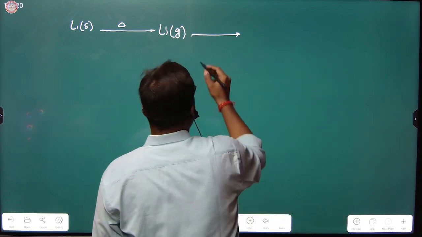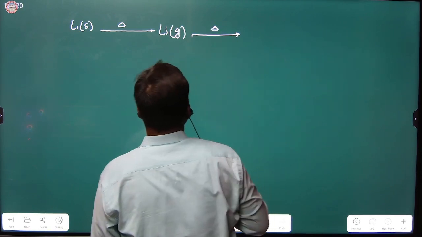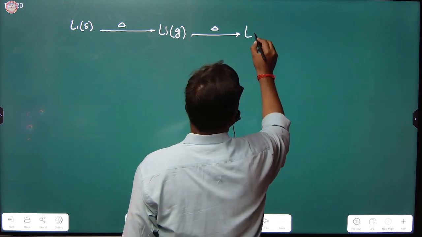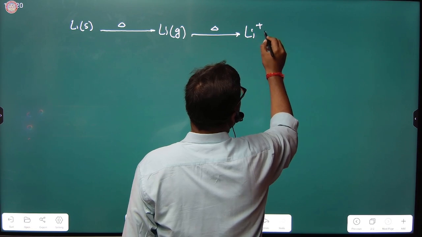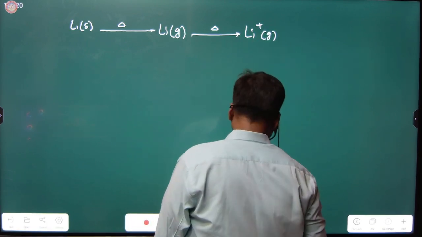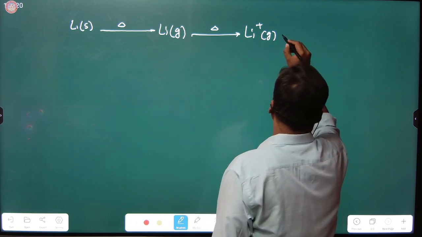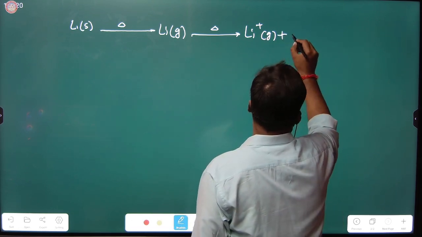under the application of heat energy, lithium undergoes ionization in the gaseous state by removing its valence electron.